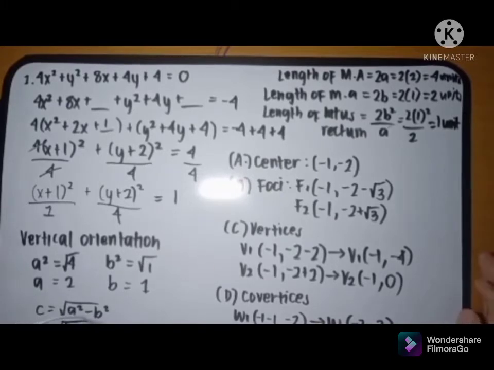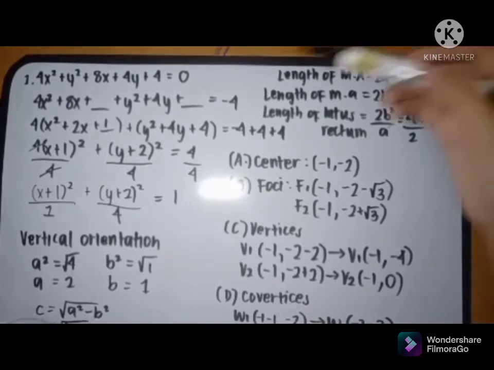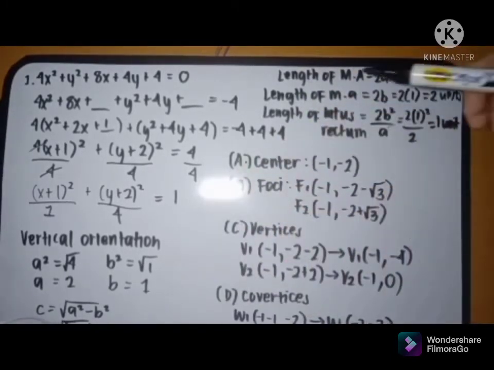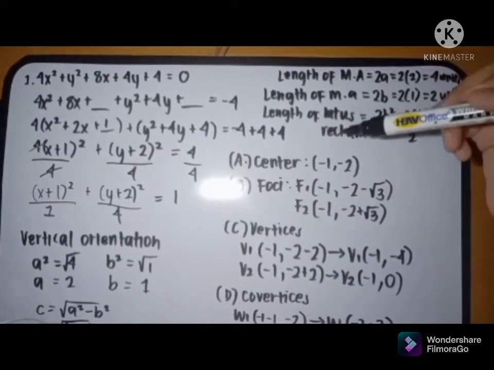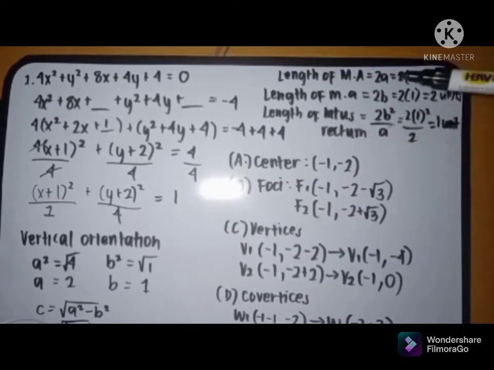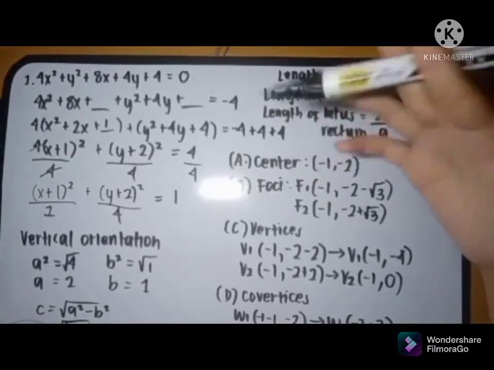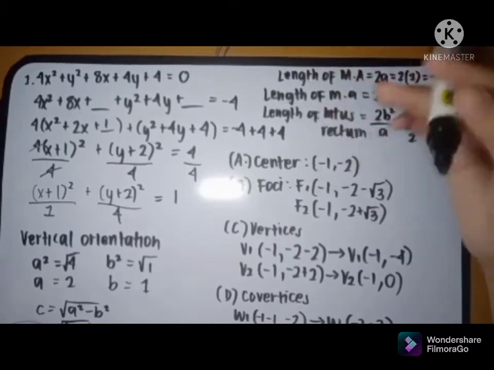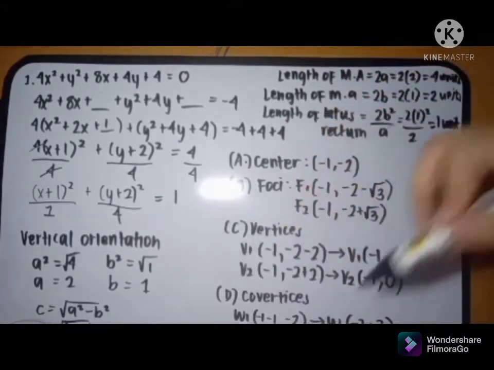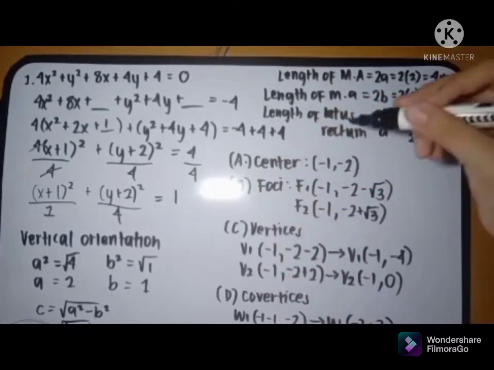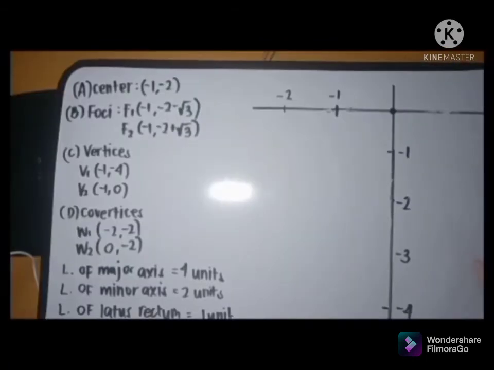Again, these are the coordinates and the lengths of the major axis, minor axis, and latus rectum for us to graph the ellipse correctly and properly. So I'll be back to show you the graph of the ellipse for this item. So I'm back with the graphing part.